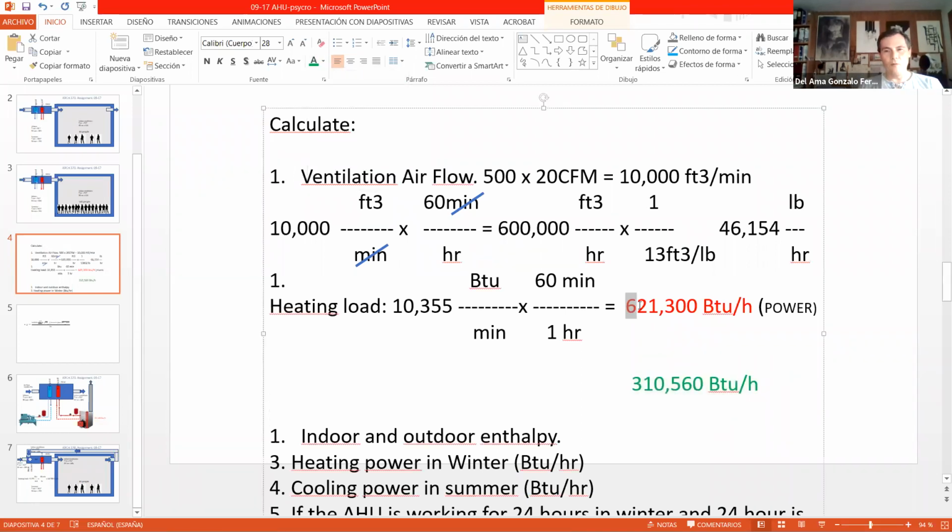The original one was 621,000, and this is 310,000. So what's the moral to the story? We have saved energy. We have saved around 50% of the energy. Isn't it amazing?